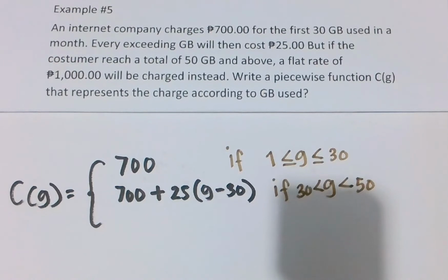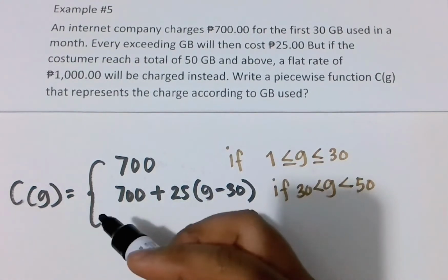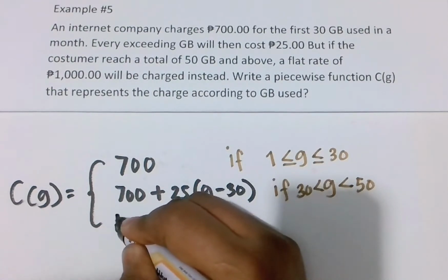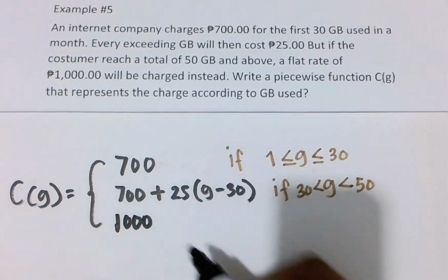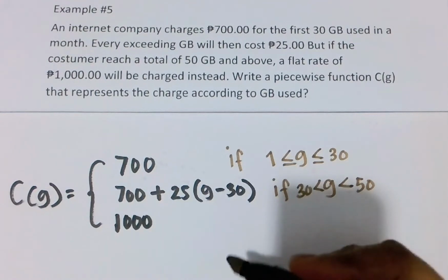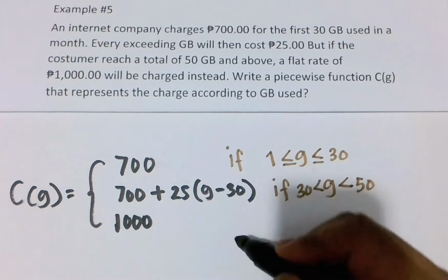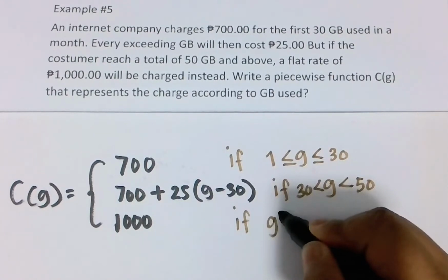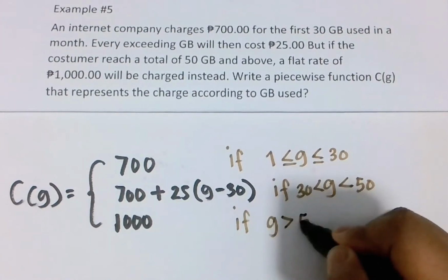For the last condition, it's going to be a flat rate of charge. So, magkano daw? 1,000 pesos ang babayaran. And that's flat rate. Kung ang magiging number of gigabytes used ay 50 and above. So, ito ay if G is greater than 50.